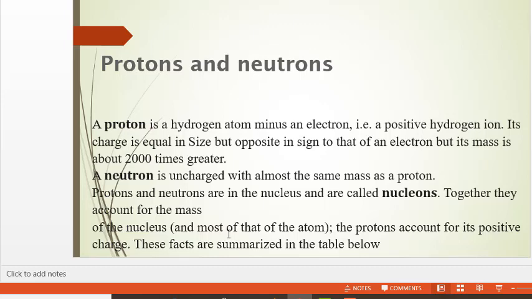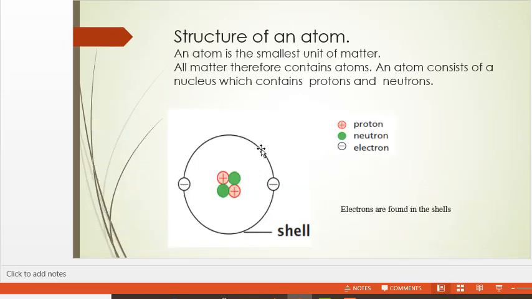So earlier we said, when we looked at the structure of an atom, that there are two types of particles found in the nucleus of an atom. That is the neutrons. So these neutrons have no charge, and then the protons with positive charge.